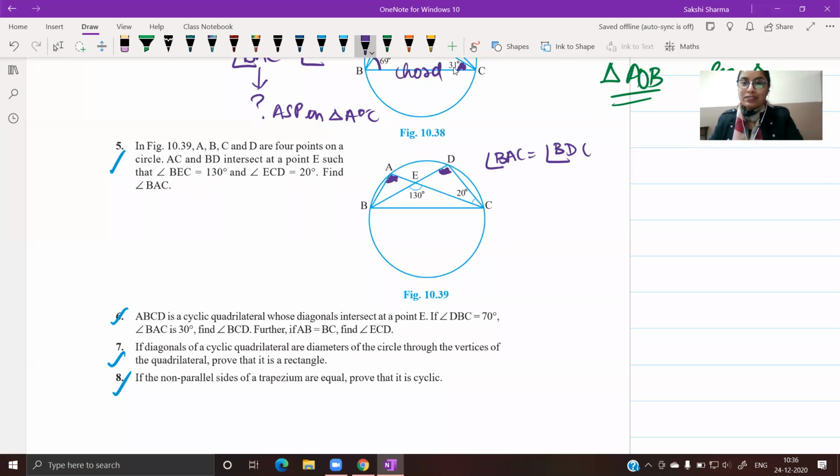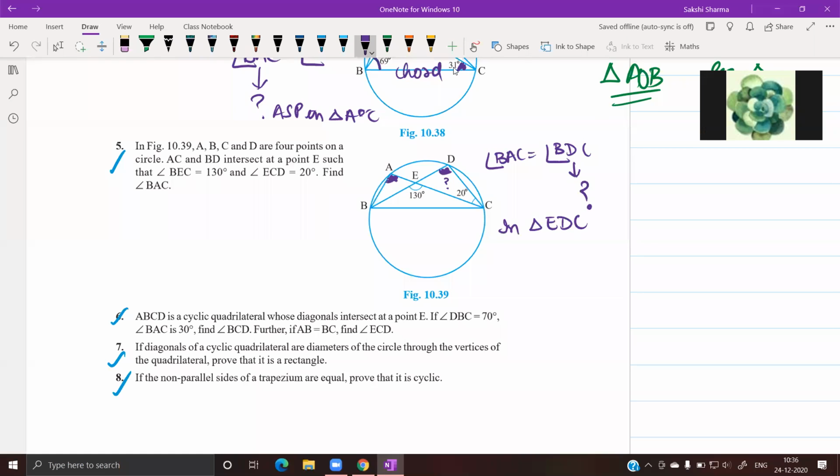So instead of focusing on how to find out BAC, we will now focus on how to find out angle BDC. Can we find this angle? Angle DEC will be 50 degrees, then we can apply the angle sum property. You can find the angle making a linear pair with 130 degrees, and then apply the angle sum property in triangle EDC. Or you can directly apply the exterior angle property.